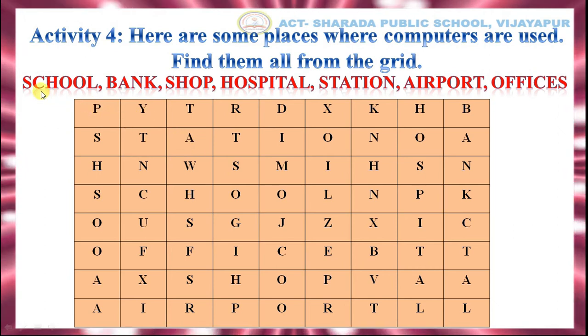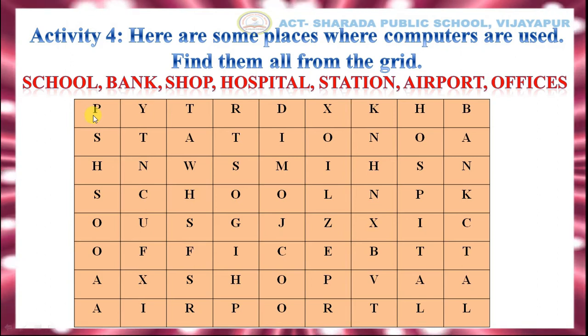Following are the places: school, bank, shop, hospital, station, airport and offices. Children, you need to identify the places where computers have been used in the word grid given below. For example, first one is school.